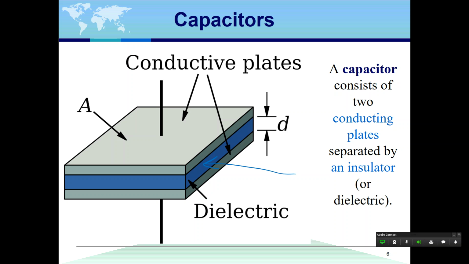That stuff is called a dielectric. Okay, that's right here. That's a dielectric, and a dielectric has to be an insulator. A really good insulator is a really good dielectric. A really poor insulator or a conductor is a terrible dielectric, right? And we'll talk about why that is. Any questions about this?